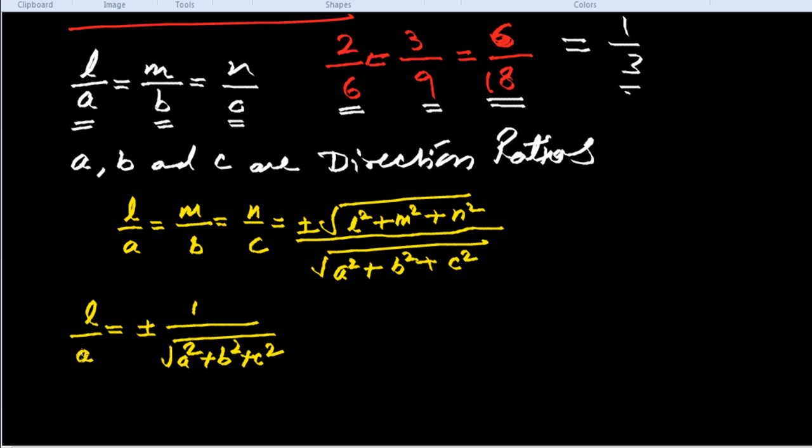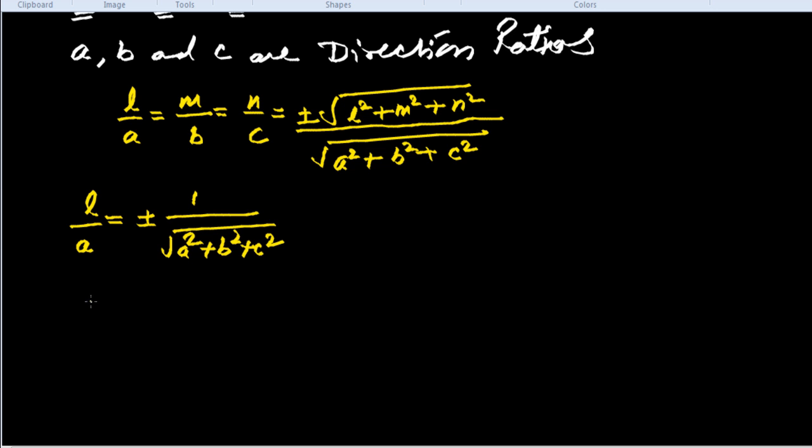A we transfer to the other side, we will get l is equal to plus minus a over root a square plus b square plus c square.